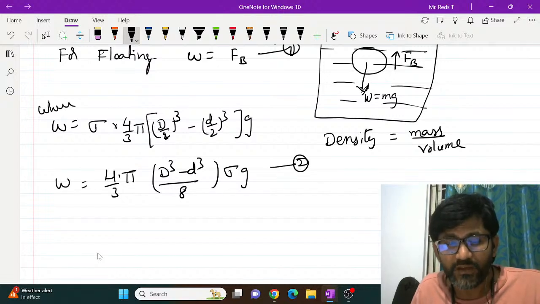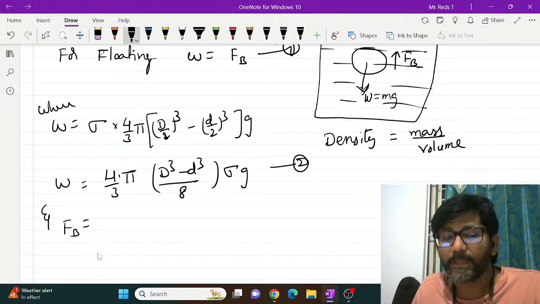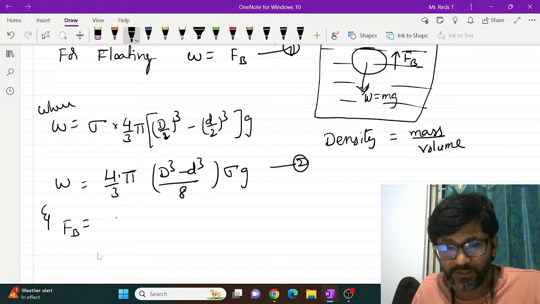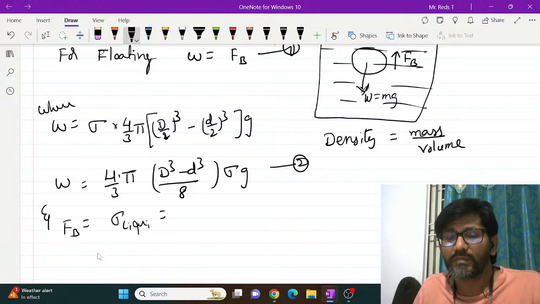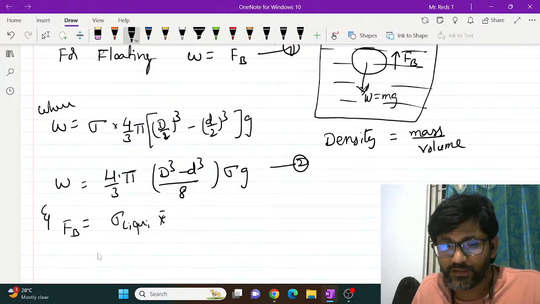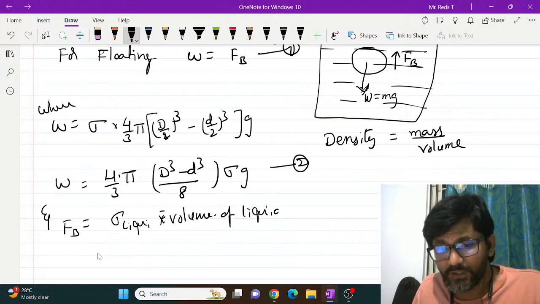This is equation 2. Whereas the buoyant force Fb, the buoyant force is the upthrust force. Of course this is also equal to m into g only, but it is the density of the liquid which is exerting the upward force, density of liquid into volume of the liquid displaced.